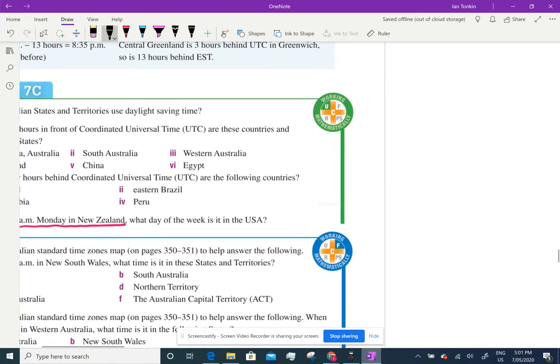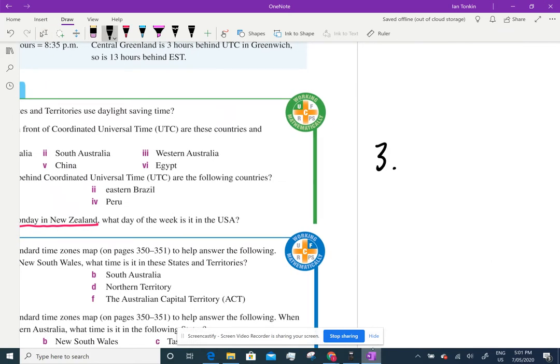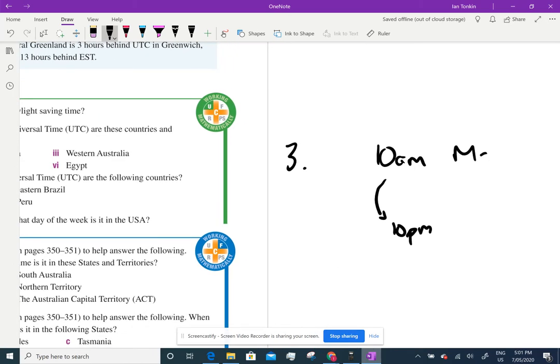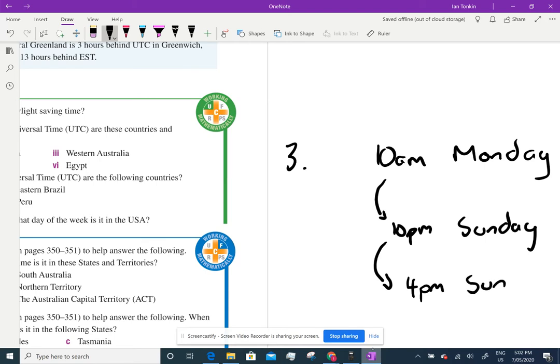So here's question number 3. If you go 12 hours back, it's 10 a.m. on Monday, you go 12 hours back, that'll be 10 p.m. but the night before, so it'll be 10 p.m. Sunday. And remember, we had to go back another 6 hours to get that other one, 6 hours from there, so then it'll be 4 p.m. still on Sunday.